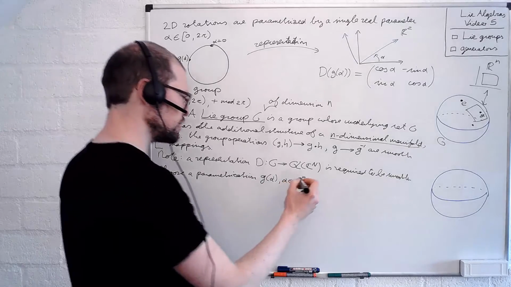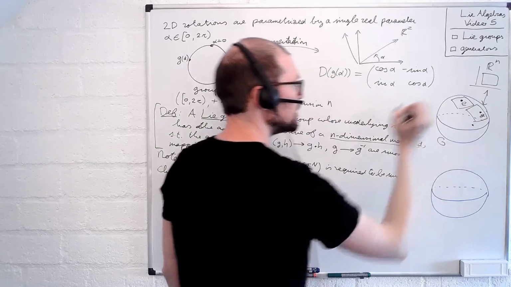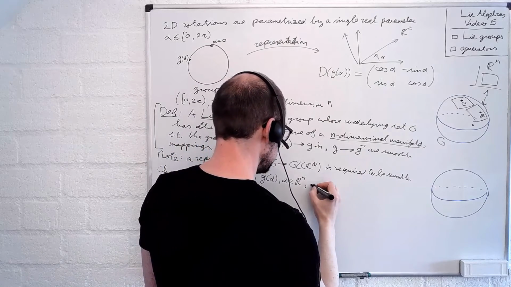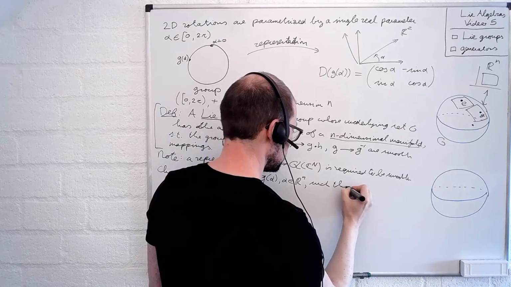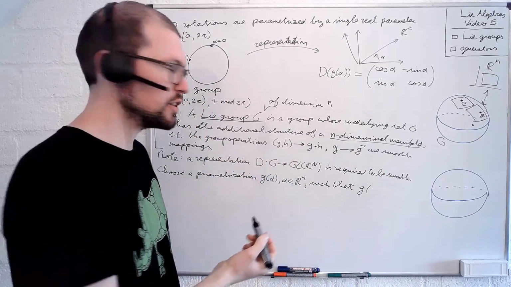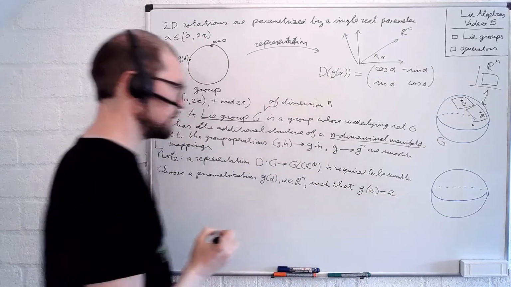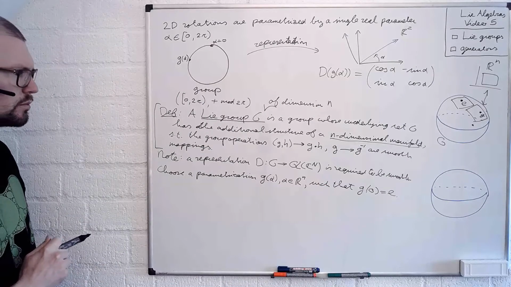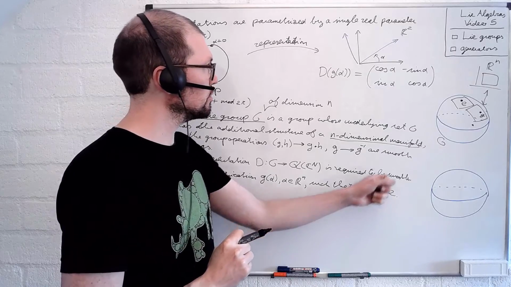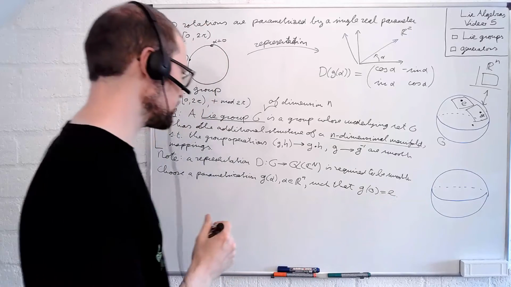We choose a parameterization in the vicinity of the identity element of the group, such that if I set these parameters alpha equal to 0, I get the identity element. Okay, and we're going to look at a representation of this group, G, expanded around the identity element.